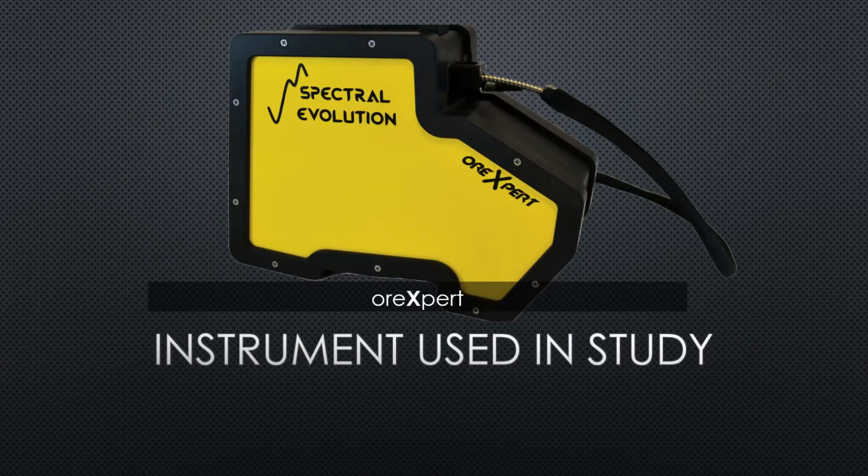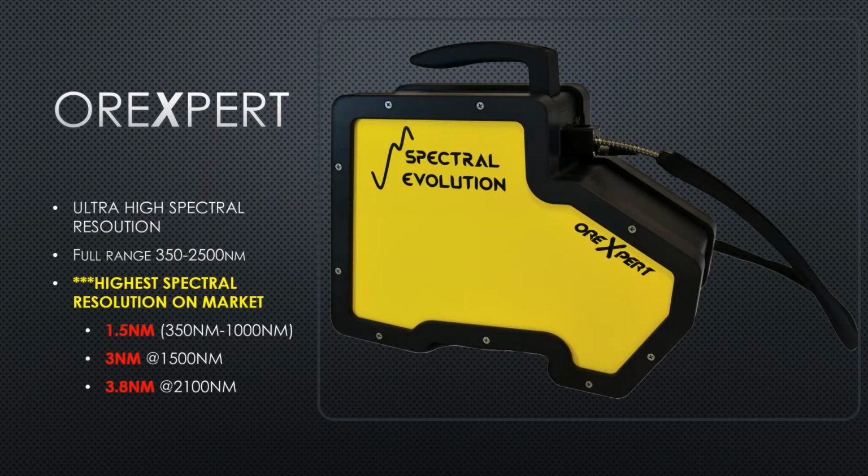So let's talk about the instrument that was used in this study, which is our OR Expert. The OR Expert is an ultra-high resolution spectrometer that is full range, which covers 350 nanometers to 2500 nanometers.